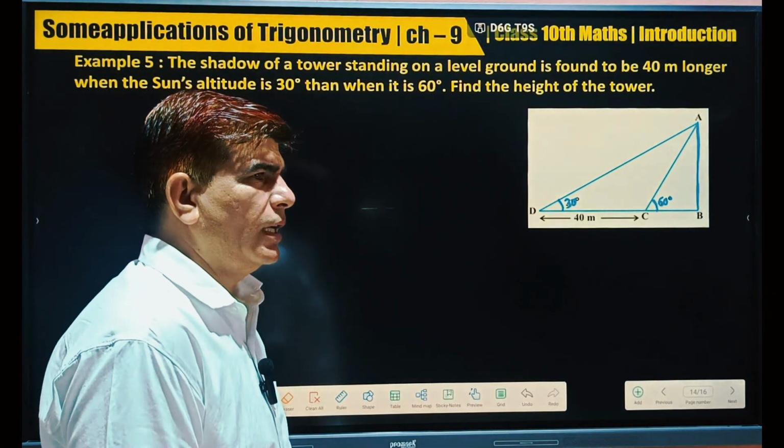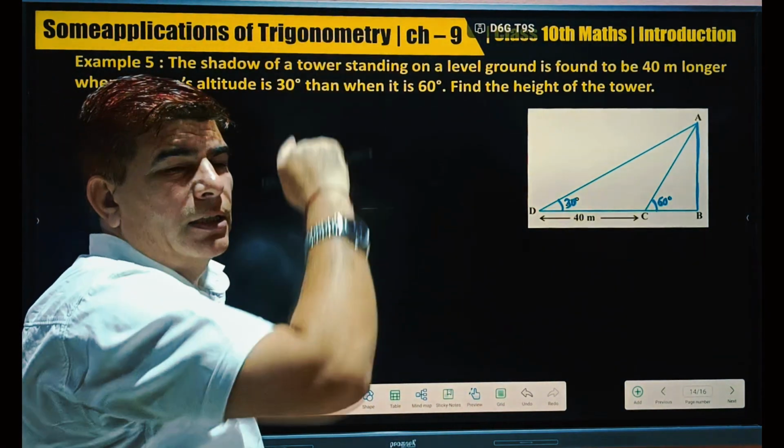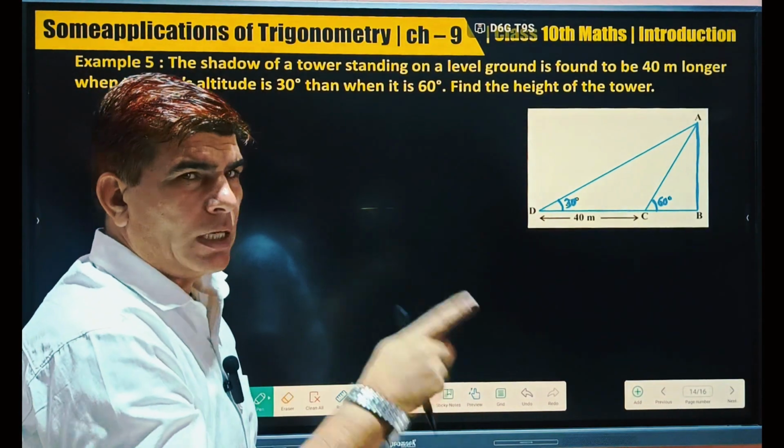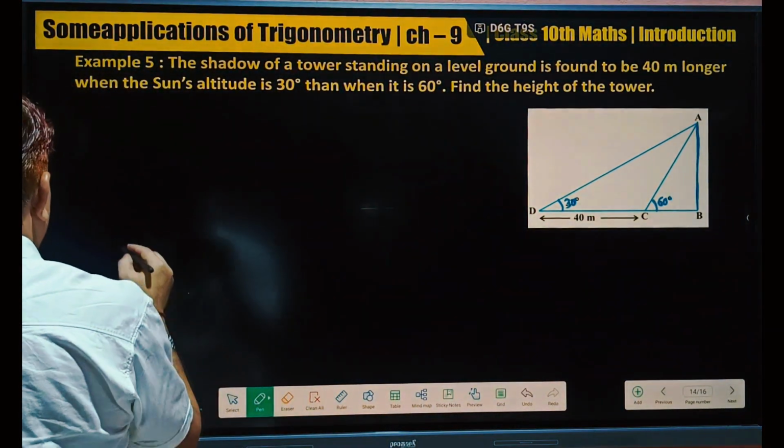If someone is standing like this and the sun is like this, an angle is formed. So how can you solve it?